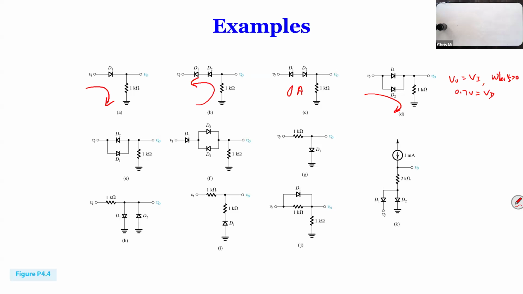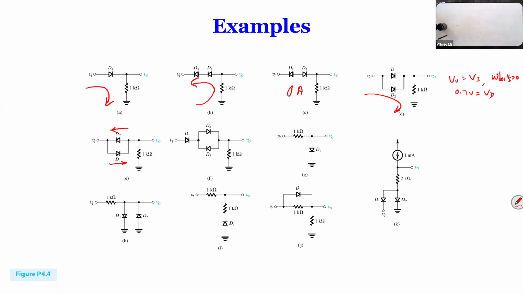All right, so let's move on. E, what happened to E? Depending on whether the diode is ideal or not, we can just treat it like a wire. I actually wrote this wrong. Current can flow in both directions, so this diode doesn't do anything. If it's an ideal diode, the output is exactly the same as the input.